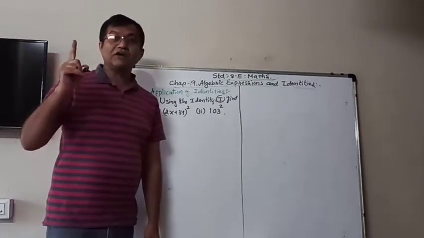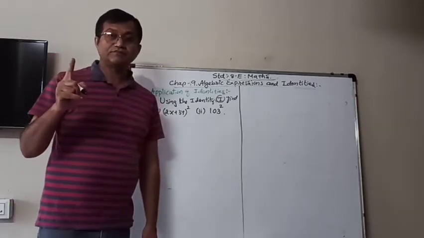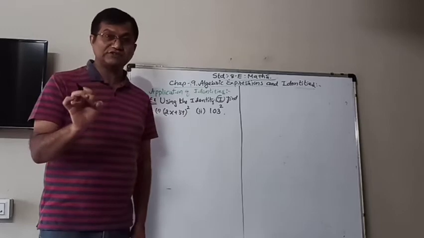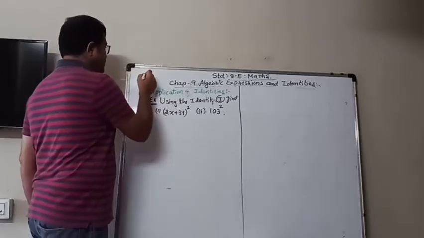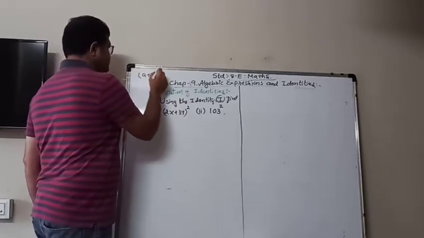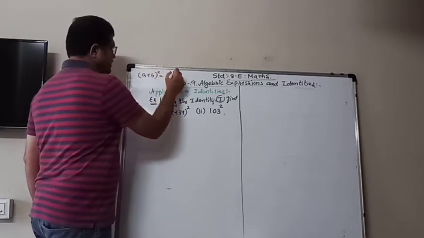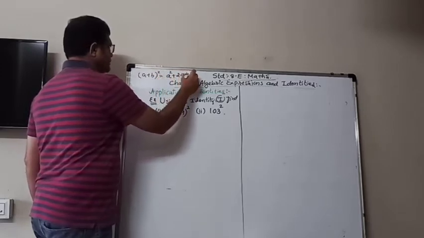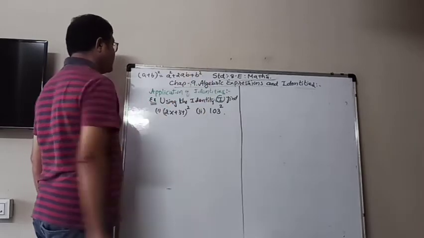Now we have to use the first identity. You remember that first identity, which is that? The first identity is (a plus b) whole square is equal to a square plus 2ab plus b square.